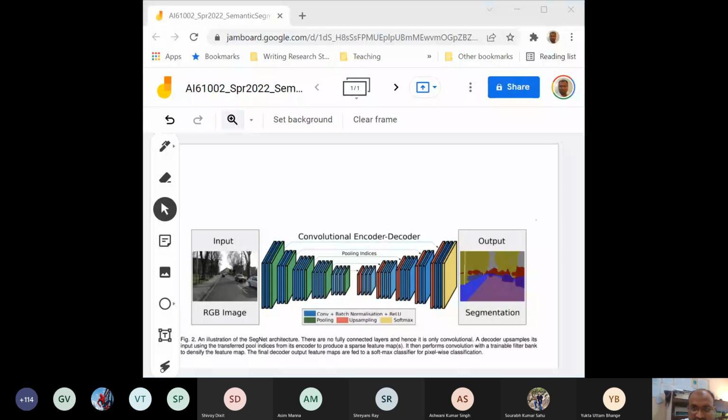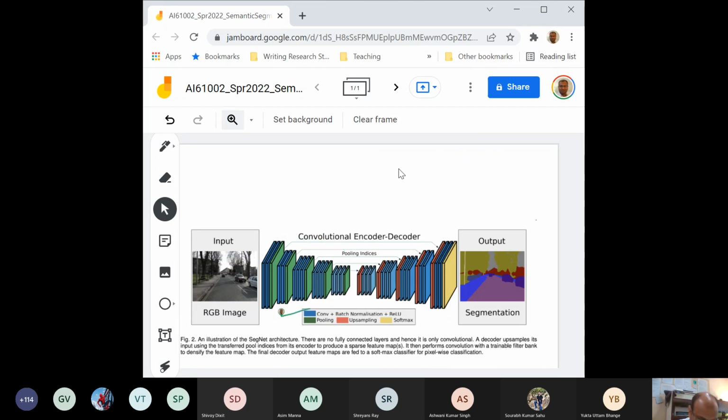So this SegNet, as we see over here, is another of those very popular semantic segmentation networks. The interesting part over here is that this part is what we call an encoder. This part is what we call a decoder. This encoder is structurally similar to a standard VGG layer.